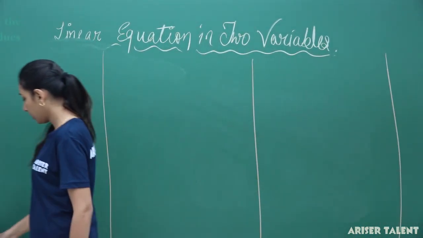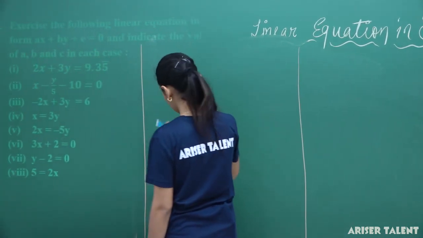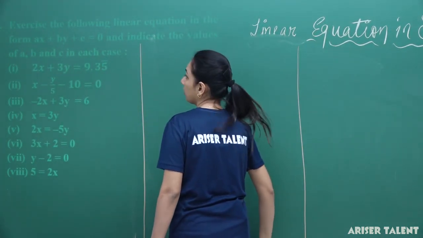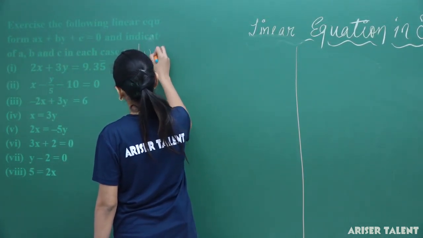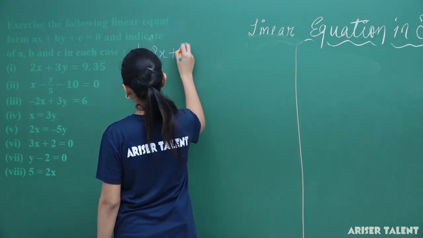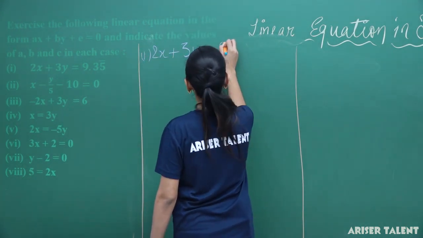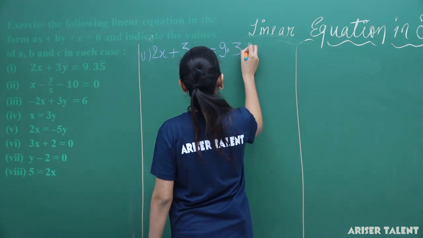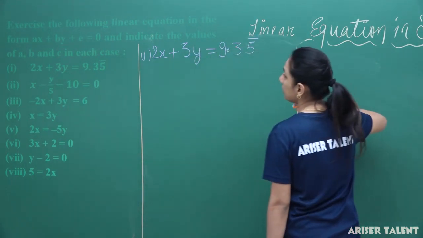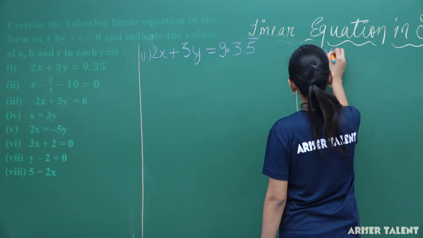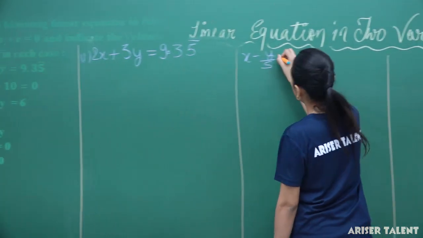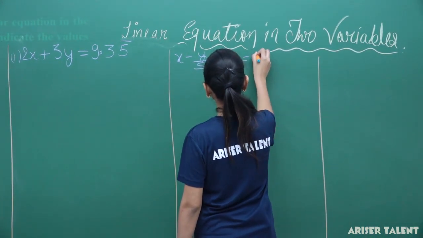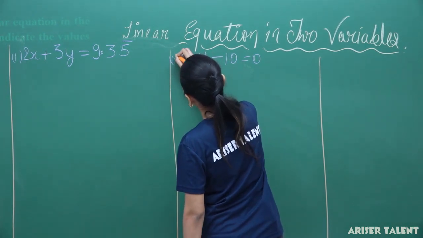So we'll talk about the first one. The first one is given: 2x plus 3y equals 9.35 bar. The second one is x minus y by 5 minus 10 equals 0.